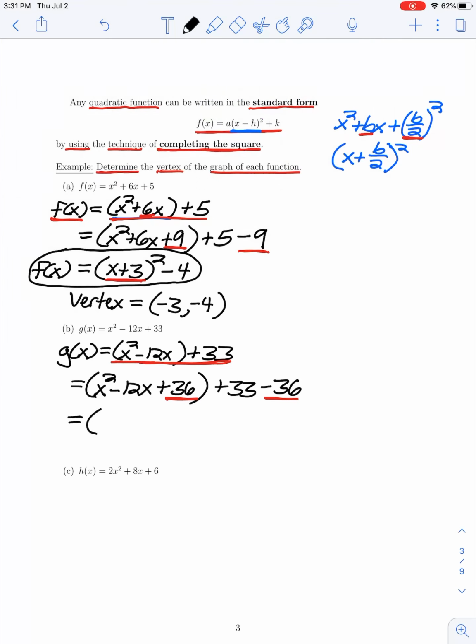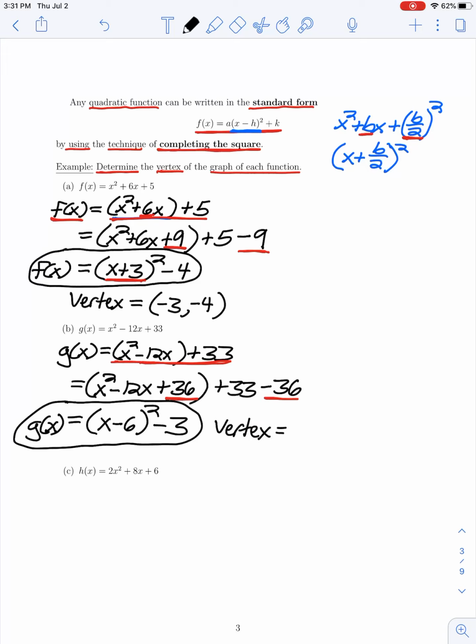My x squared minus 12x plus 36 can now be factored as x minus 6 quantity squared. And then on the end, my constant plus 33 minus 36 leaves me with negative 3. So this would be the standard form for that g of x function. And from here, we find that our vertex would be 6, negative 3.